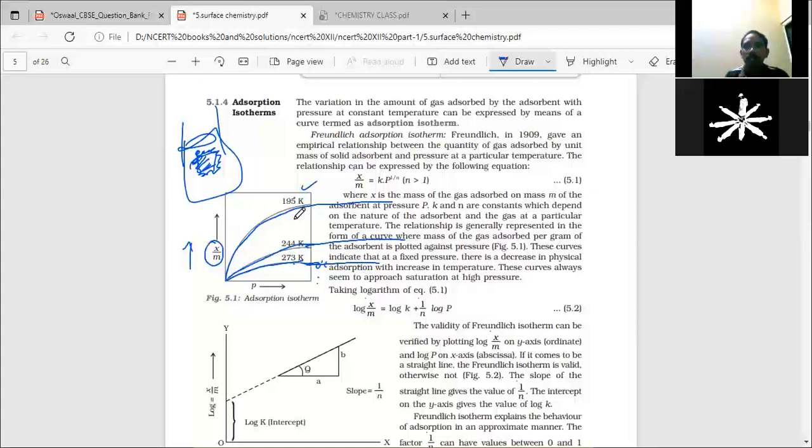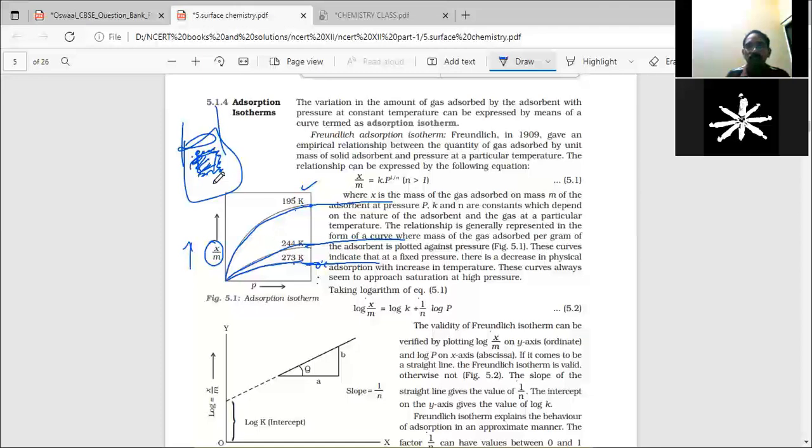At the same time, he observed one more thing. If you decrease the temperature, the amount of gas adsorbed is more. Why? Because kinetic energy is less. At low temperature, kinetic energy is less, so gas molecules stick on the surface of the adsorbent.